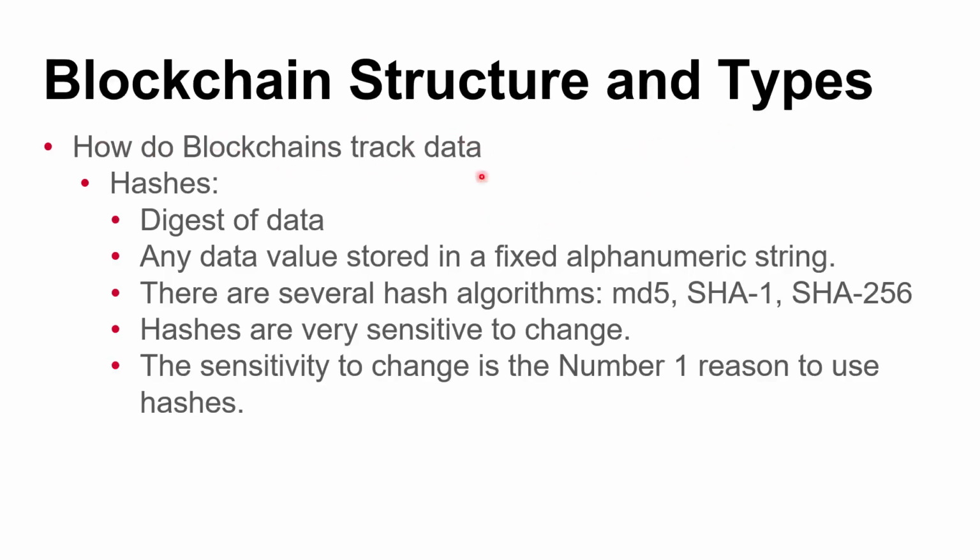So blockchains track data. Just like a ledger tracks data, blockchains track data in the same way. A big tool of the blockchain are the hashes. Hashes are generally known as digests of data. Different hash algorithms will produce different outputs.